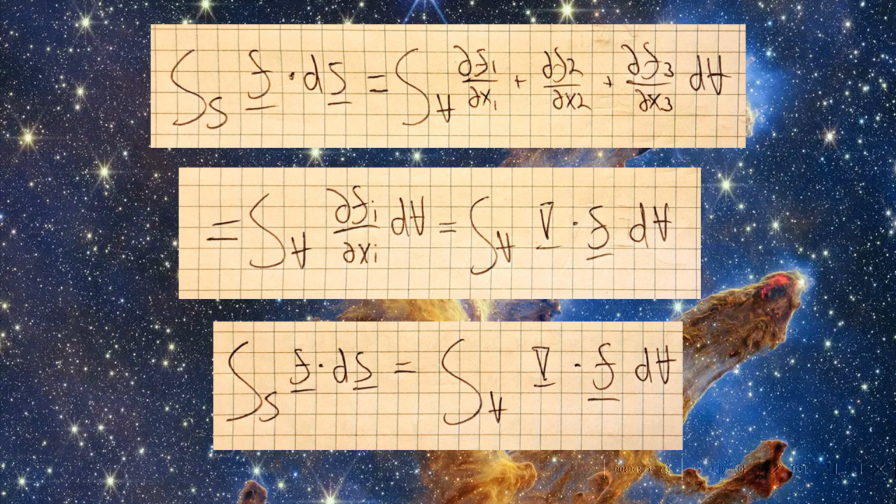We want to have the surface integral of some vector function f dot the surface is equal to a volume integral of del dot f. This is useful because now we've transformed a surface integral into a volume integral.